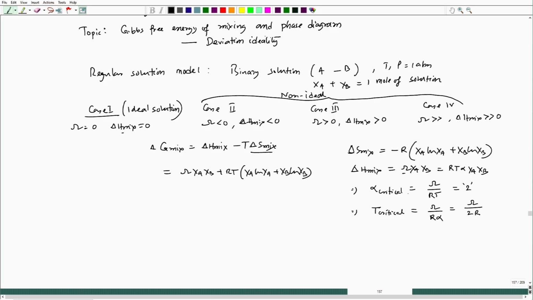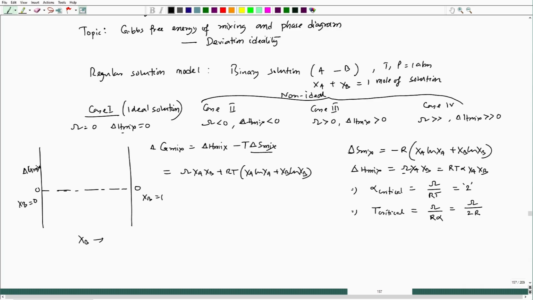When I talked about the first 3 cases, the shape of the free energy line is like this. So, this is 0, x b equal to 1, x b equal to 0, and this is delta G mix, and x b is changing this way.